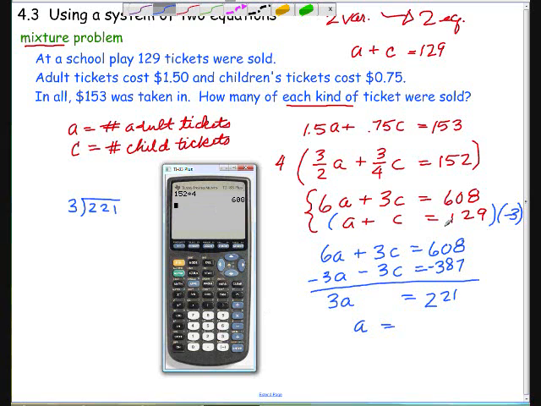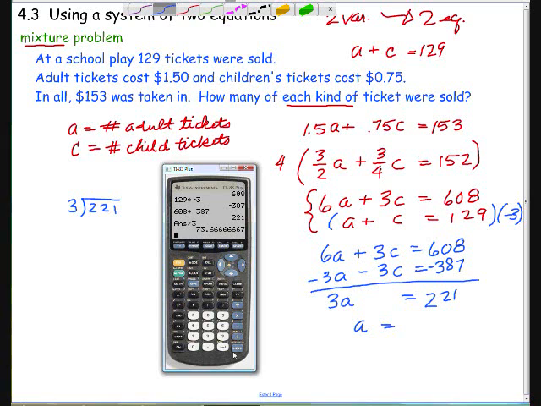And then I multiplied all of this by -3. So 129 times -3, -387. 608 plus -387 is 221, and then you divide by 3.